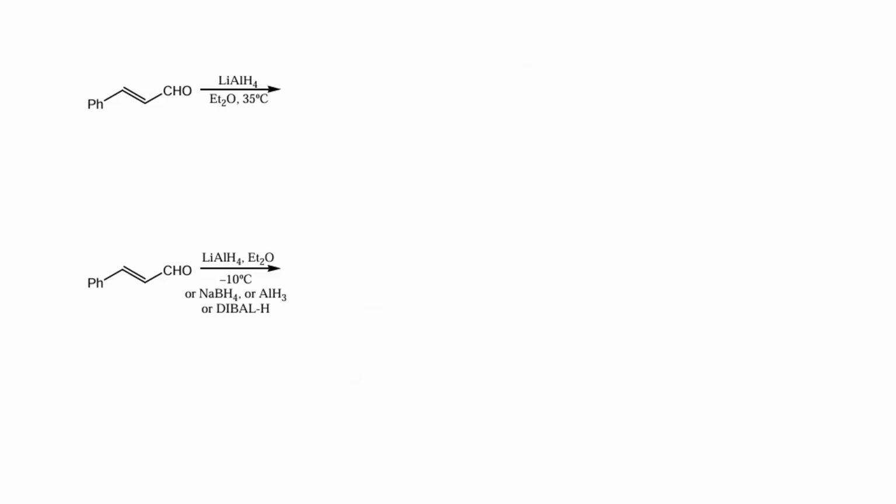Now, if we add LiAlH4 to an alpha beta unsaturated aldehyde, what will happen? The alpha beta unsaturated aldehyde is in conjugation with the carbonyl, which reduces the electron density of this double bond. Because of that, this double bond becomes electron deficient and highly electrophilic.